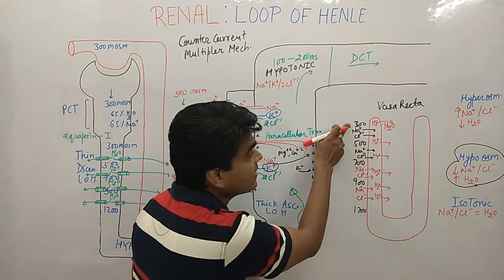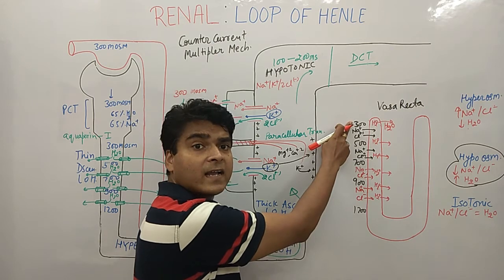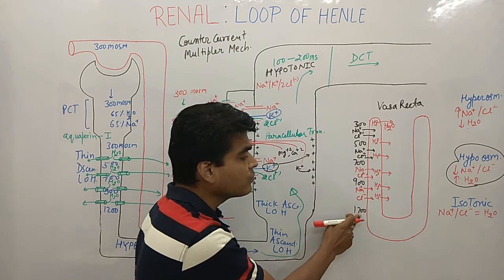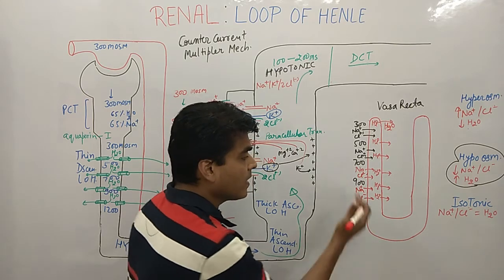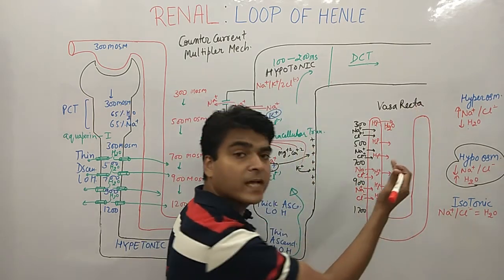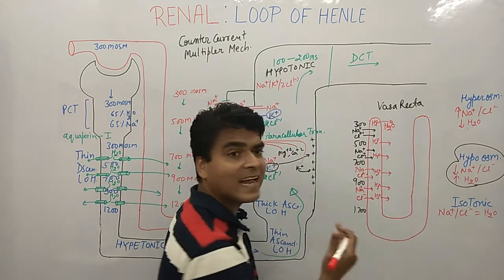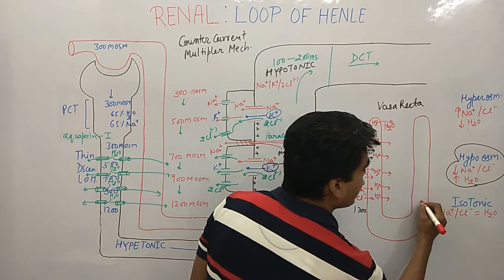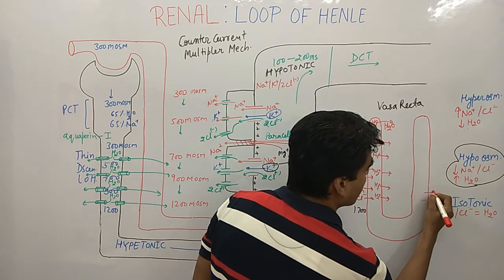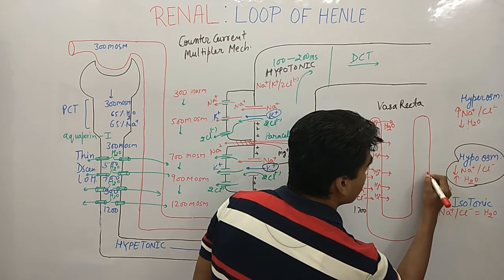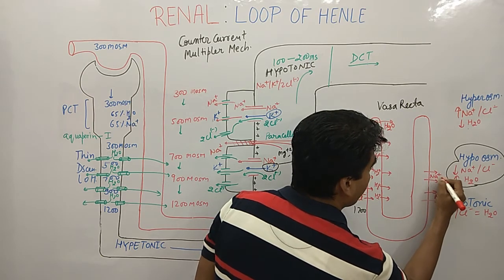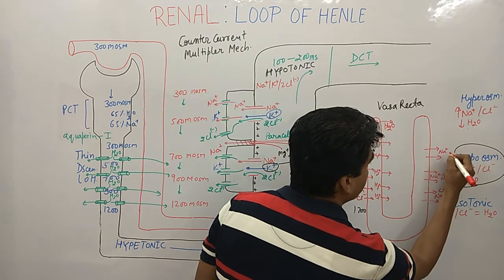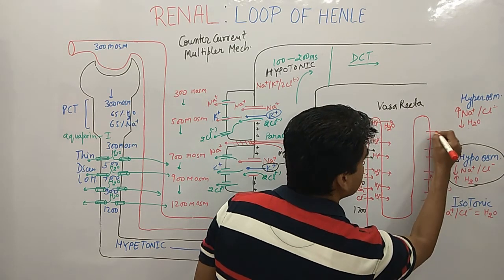That's why at the uppermost point we are at 300 milliosmolar and at the lowermost point we reach about 1200 milliosmolar. Now when we make a U-turn in the vasa recta, what happens? Sodium and chloride move outside.